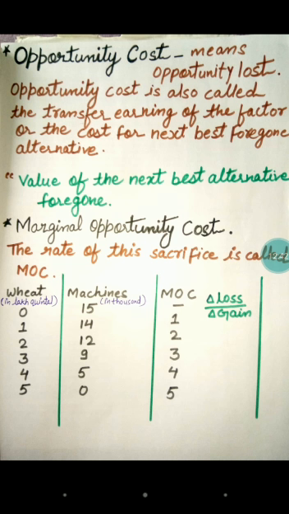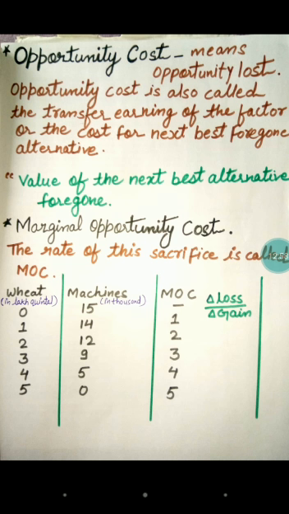Suppose we are using our resources and technology, and we give all the resources to machinery, so we are going to produce 15,000 machinery and zero wheat.